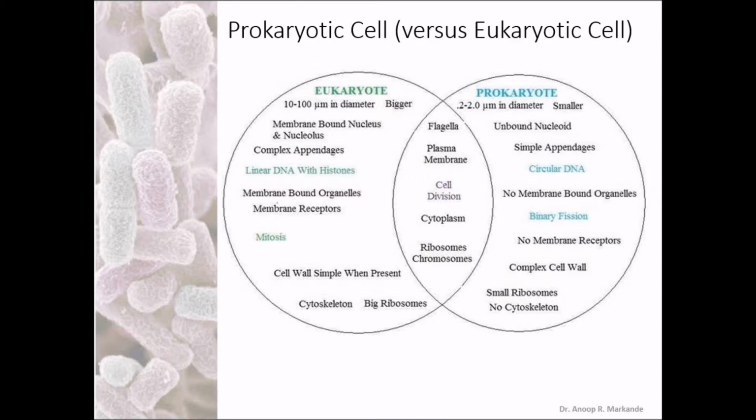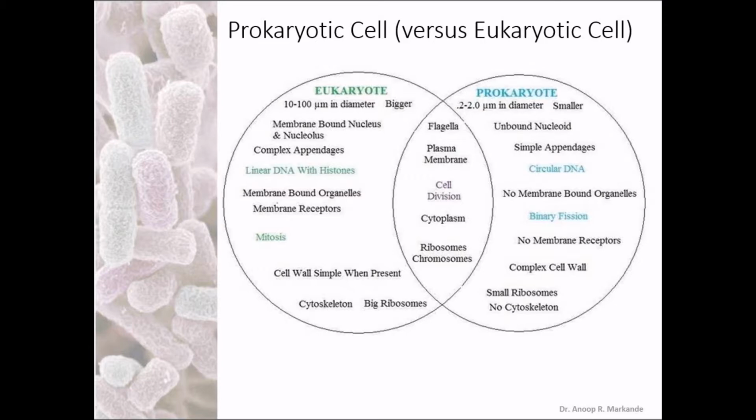The cell wall is simple when present in eukaryotes, while the cell wall is complex in prokaryotes. Cytoskeletons are present in eukaryotes to keep that big cell shape intact, while in prokaryotes usually cytoskeletons are absent. Big 80S ribosomes in eukaryotes, small ribosomes in prokaryotes, that is 70S ribosomes.